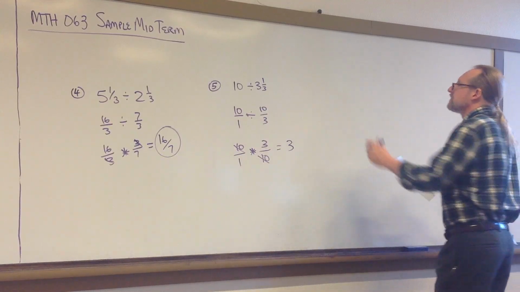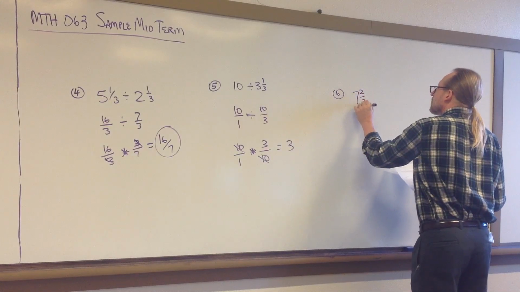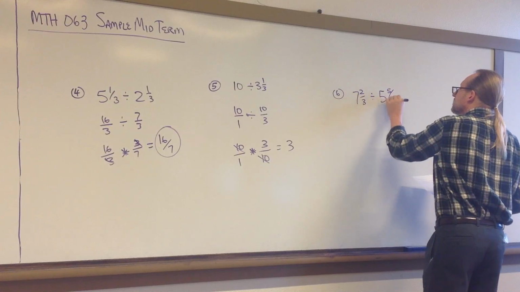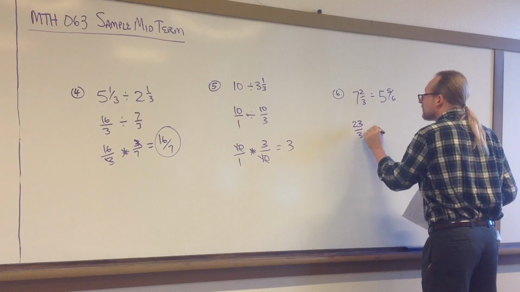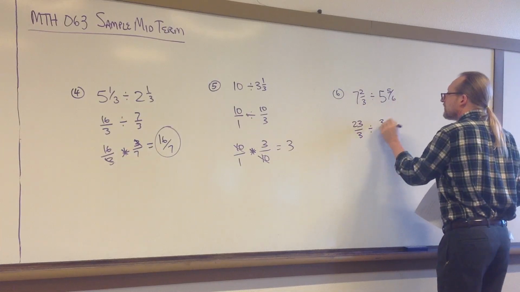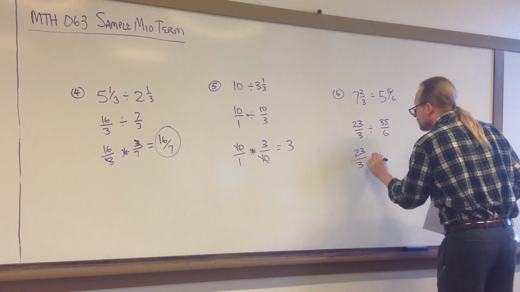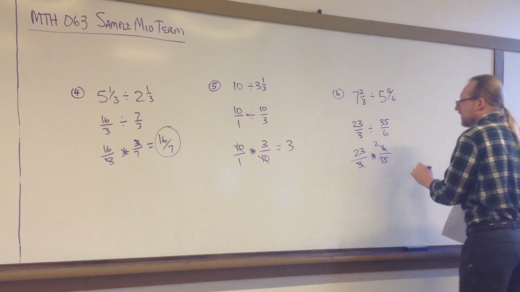All right, problem 6. 7 2/3 divided by 5 5/6. So that's 23 over 3 divided by 35 over 6. Then we'll multiply by the reciprocal here. 3 goes into 6 twice.